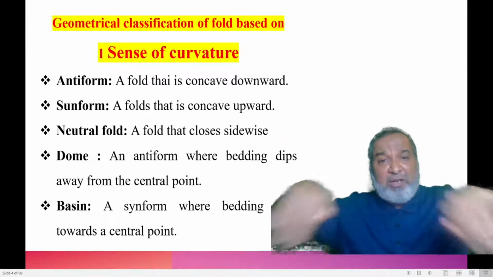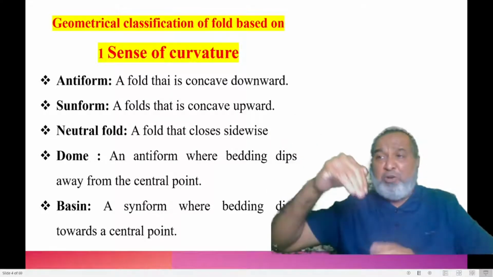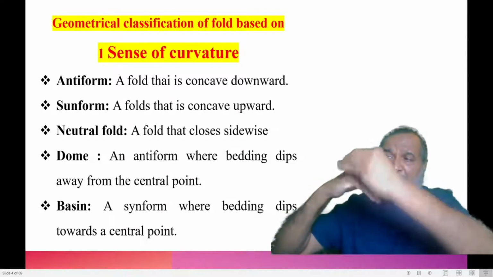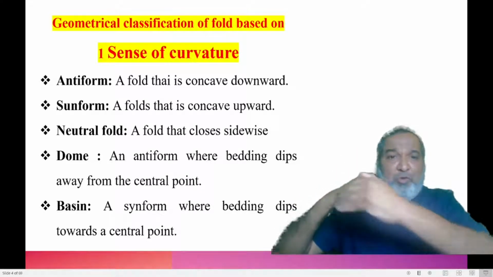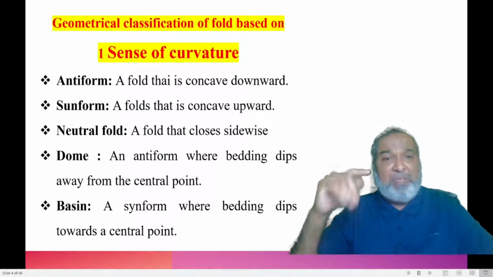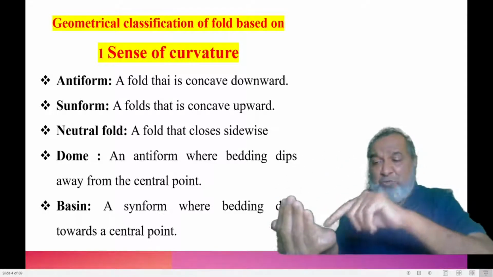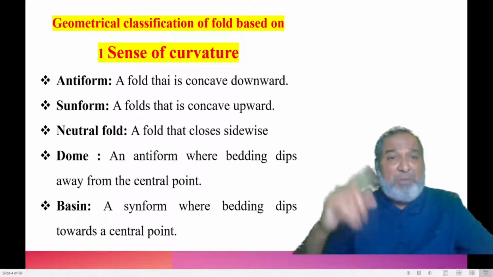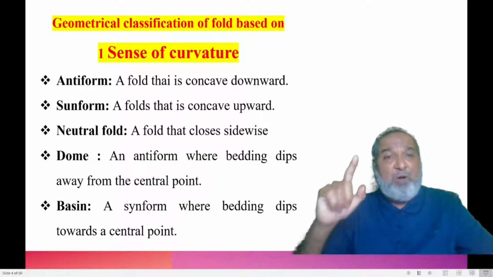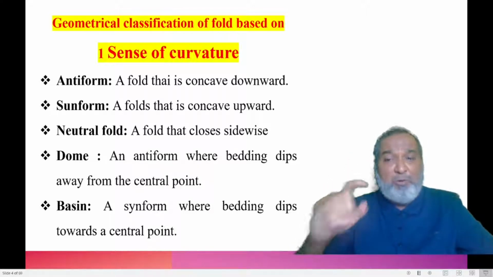From the center point, they are radiating in different directions. The dome is there, so from the center point the slope will be in different directions. Then the basin, which is a synform where bedding dips towards the center point. So antiform, synform, neutral fold, dome, and basin.